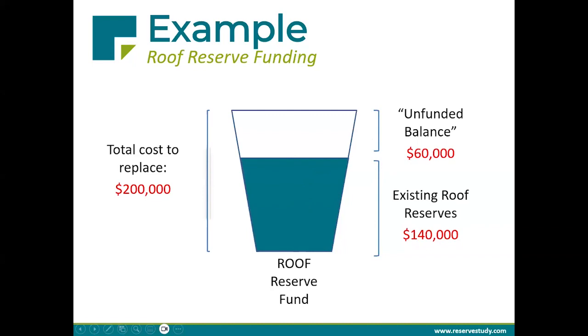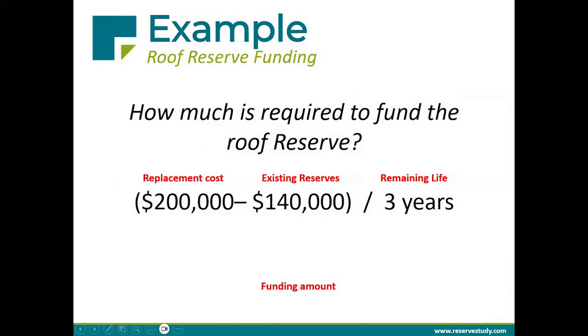That's our unfunded balance. In order for me to determine how much I therefore need to fund that roof reserve bucket going forward, I'm going to take that $200,000 cost, subtract out the 140 in existing cash. Whatever the difference is, I'm going to divide that by the remaining useful life of my roof. How many more years has it got to go?